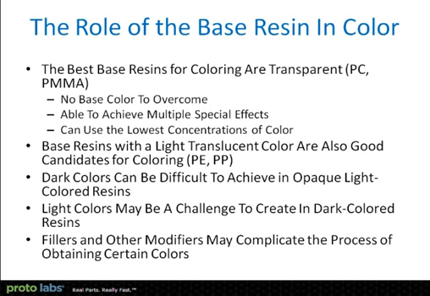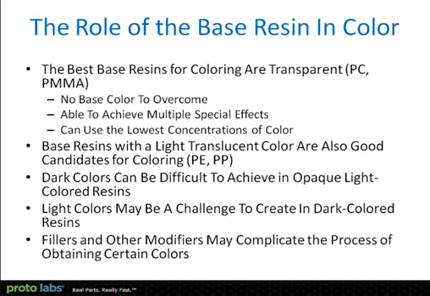And you'll notice that in many cases that list is short, and it is limited to materials that are transparent, such as polycarbonate and acrylic, precisely because there's so little interference from these base resins in achieving the color. We also can produce the color with relatively low concentrations of color, and this is important because the more color we put in, the more potential there is that we're going to influence the properties of the base resin in a negative way.